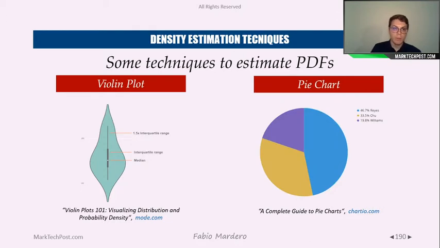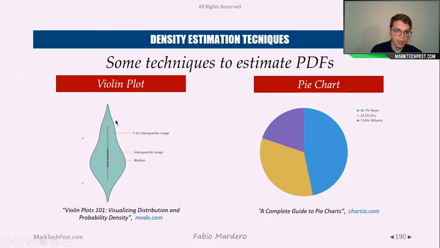Moving on, we can see another technique, which is the violin plot. The violin plot is nothing particularly strange. You can see that there's a vertical symmetry axis, and on the left and on the right you will see the same distribution with a kernel density estimation.